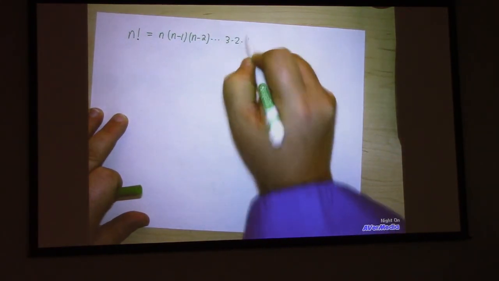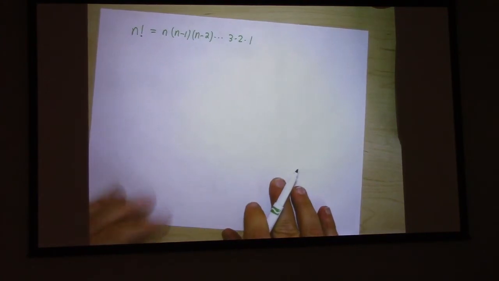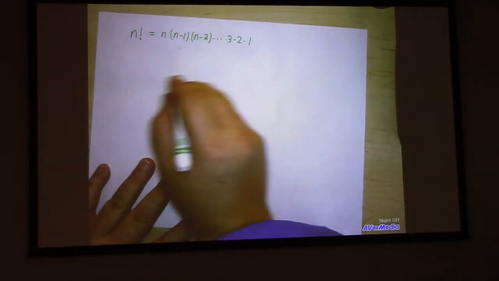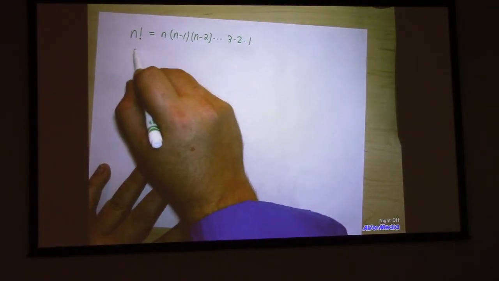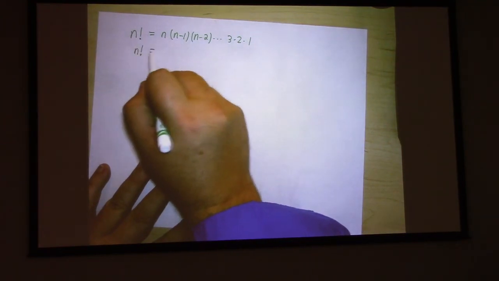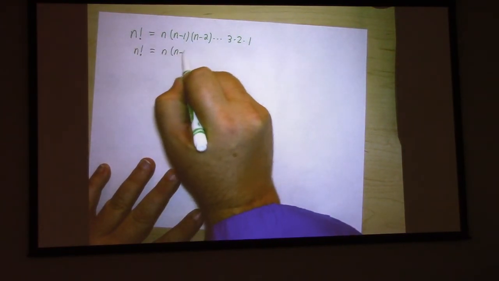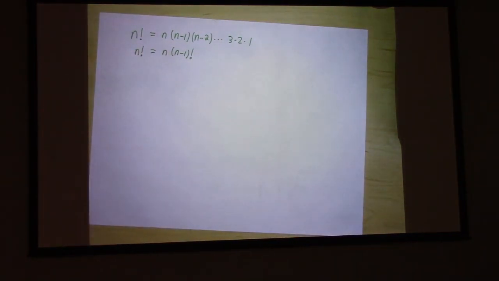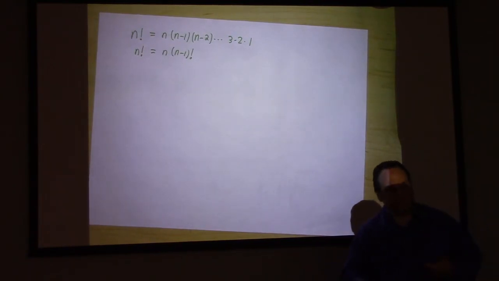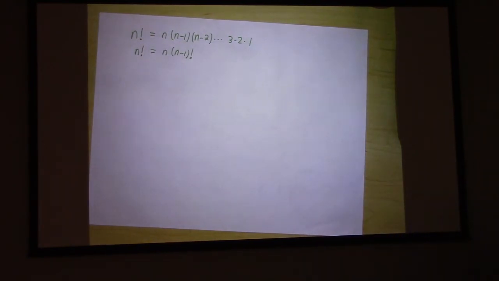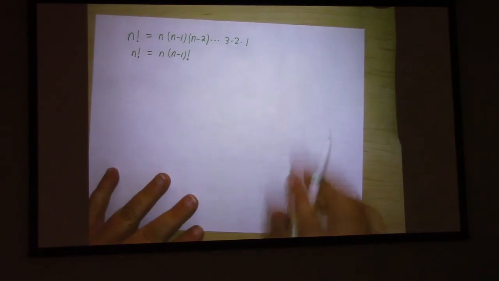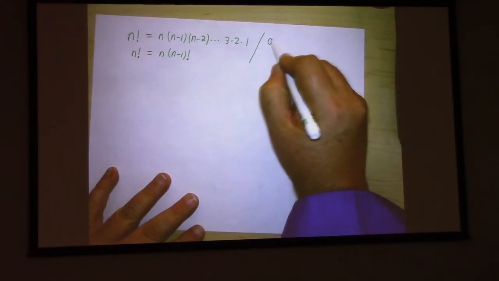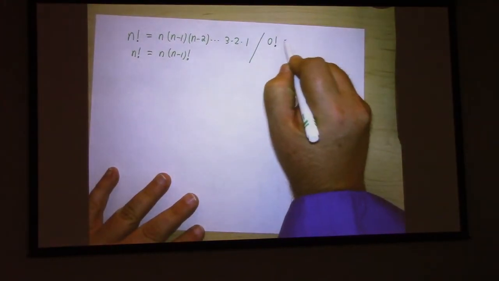And I like to throw in the 1 just for good measure. But you can define it recursively like this: n factorial is equal to n times (n minus 1) factorial. So you can always build the next factorial by multiplying the last one by the next number. There's more to it, though, that's not at all obvious, which is that by definition, 0 factorial is 1.